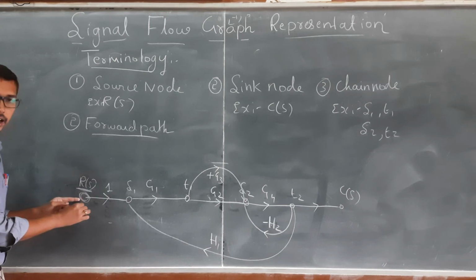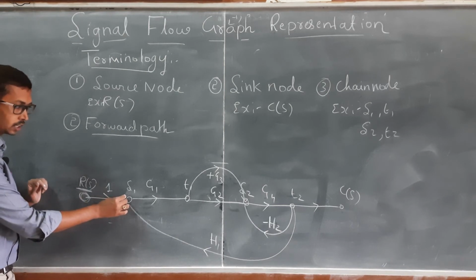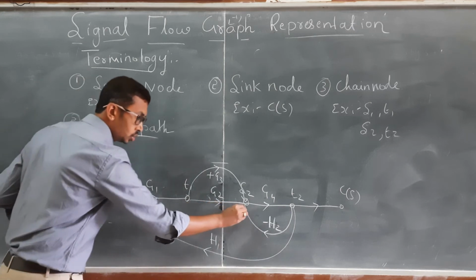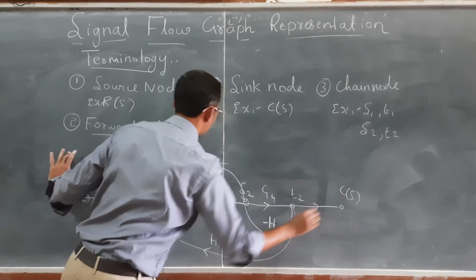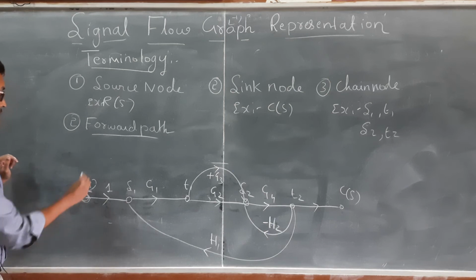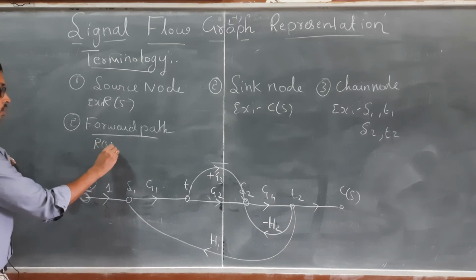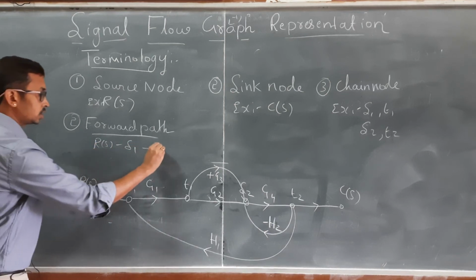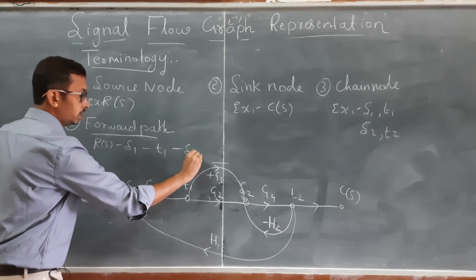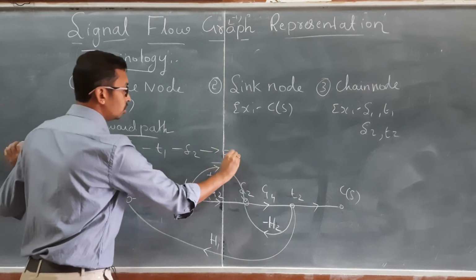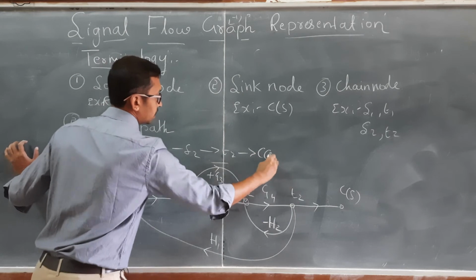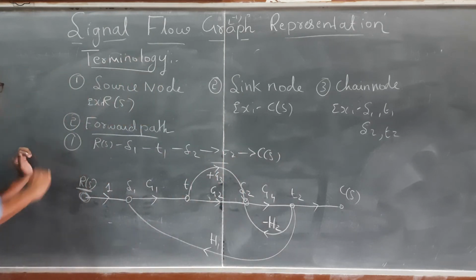From R of S I can go to S1, T1, S2, T2 and C of S. So this is one forward path.